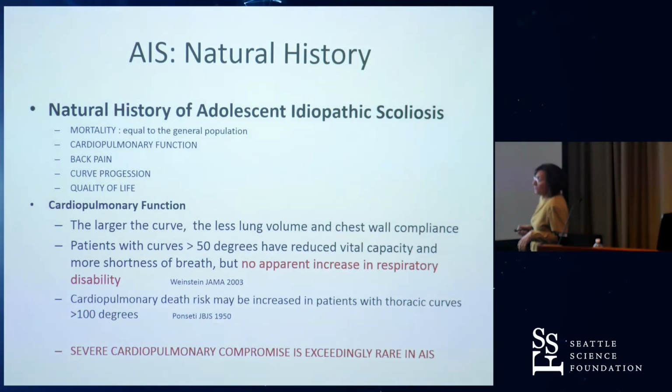But again, that was Dr. Ponseti, who was also from Iowa, his work starting in the 1950s, and again, it's hard to know from this paper how many of those were truly just adolescent idiopathics. But classically, we now think that severe cardiopulmonary compromise is very, very rare in AIS.